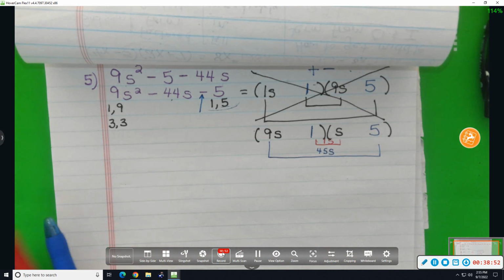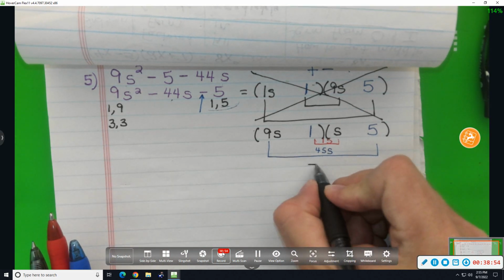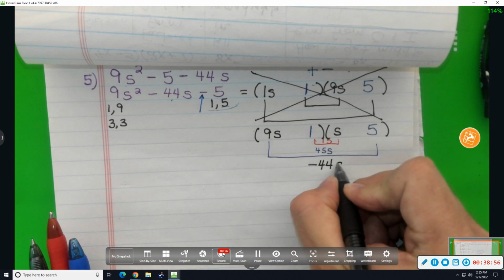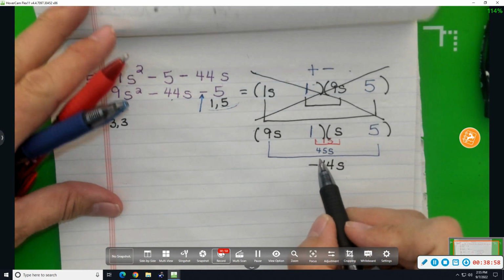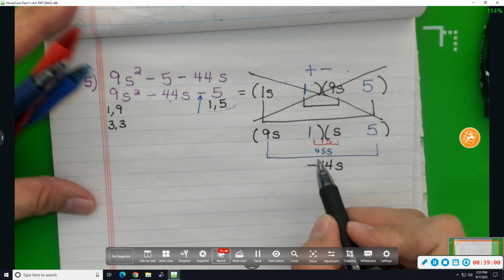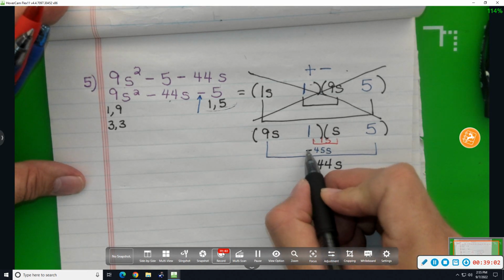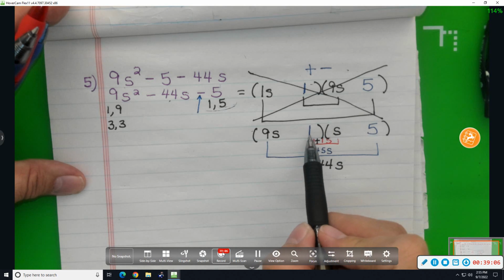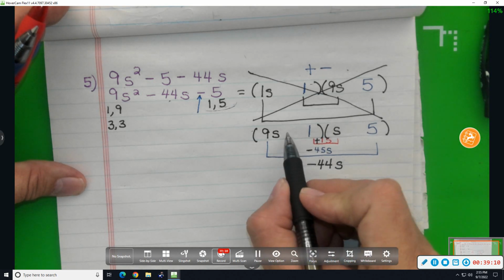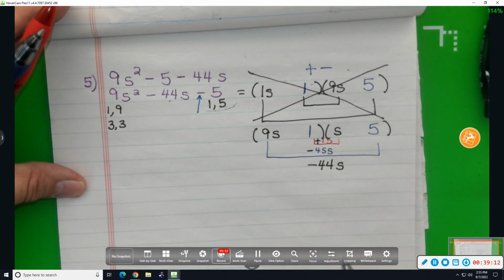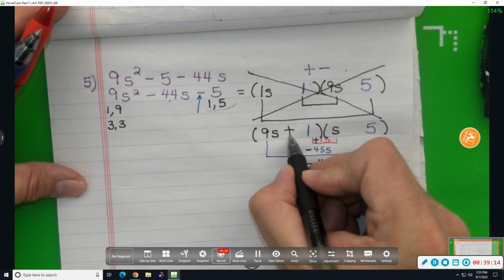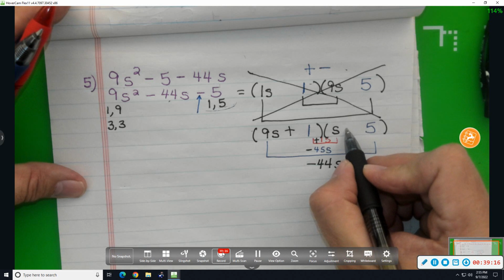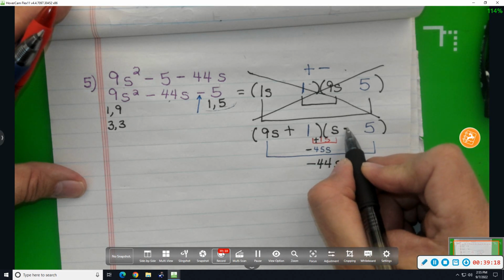How are we going to get that -44s? The 45 should have a plus or a minus in front of it. Which one? Minus, a plus here. So what goes in front of this 1? In front of the 1, am I going to put a plus or a minus? Plus. And right here, a minus.